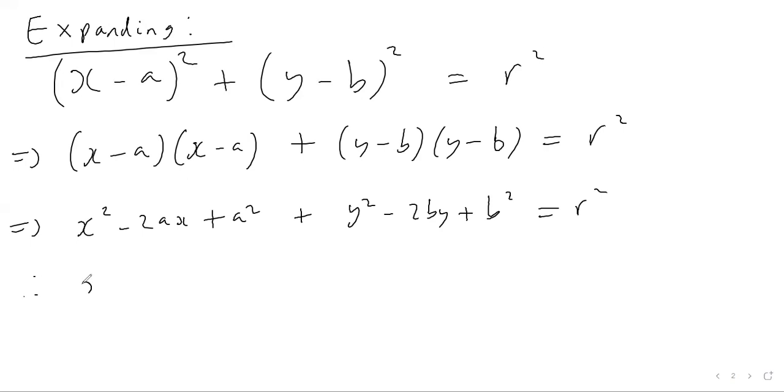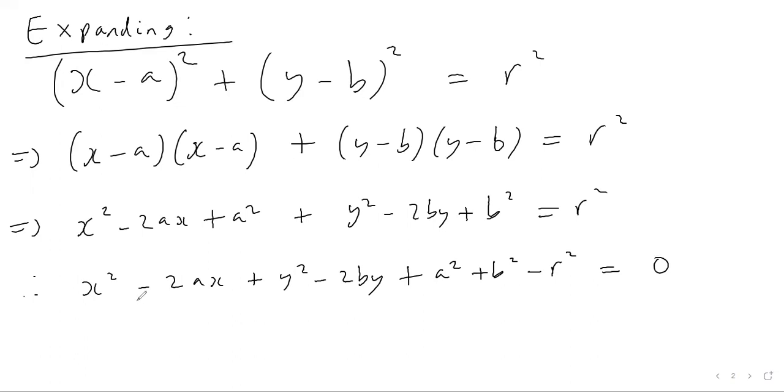And so therefore we get x squared minus 2ax plus y squared minus 2by, plus these constant numbers here, so plus the a squared plus the b squared. And then if I just take away the r squared from both sides, we get this, take away r squared equals 0.